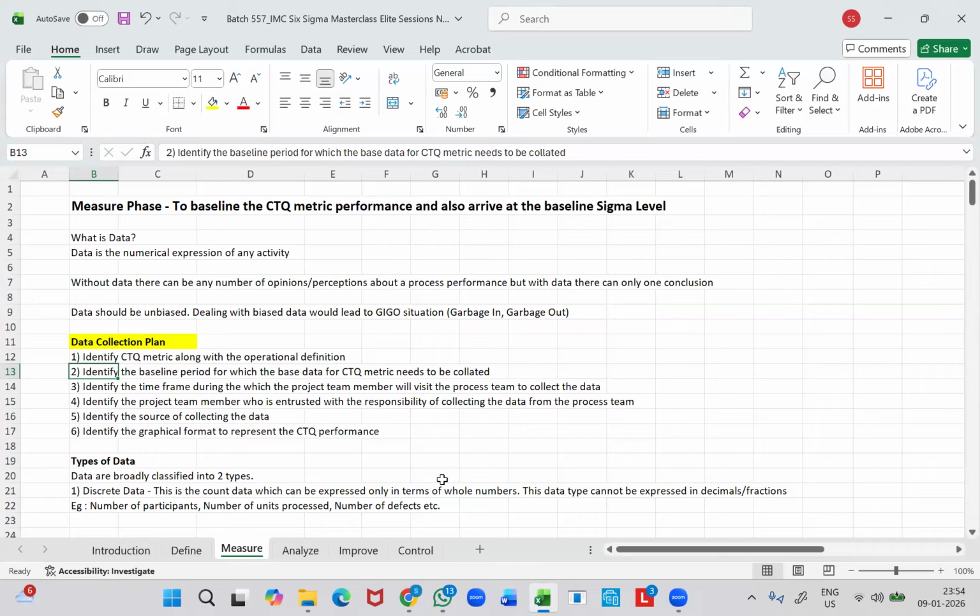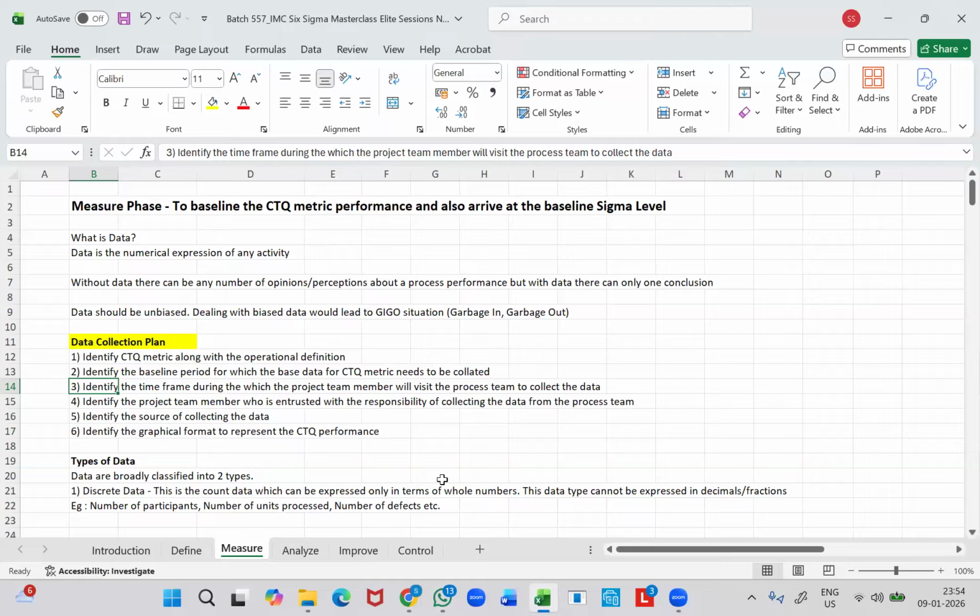And then we also need to identify the time frame during which the project team member will visit the process team to collect the base data. So the baseline period may pertain to January 2025 to December 2025. But the project team representative who has been entrusted with the responsibility of collecting the data will be visiting the process team maybe during the second week of January 2026 to collect the base data for the CTQ metric.